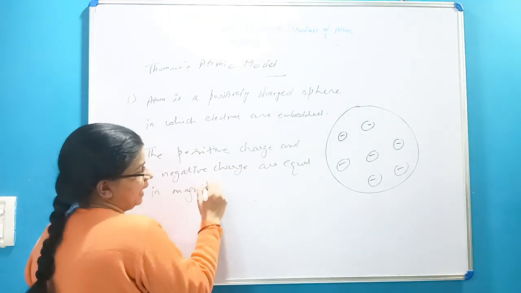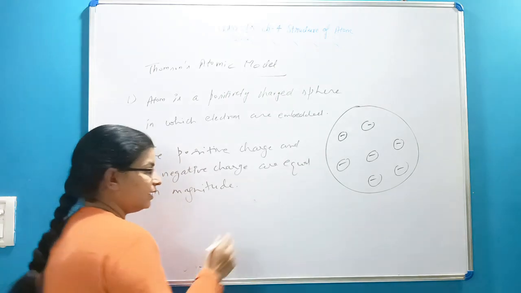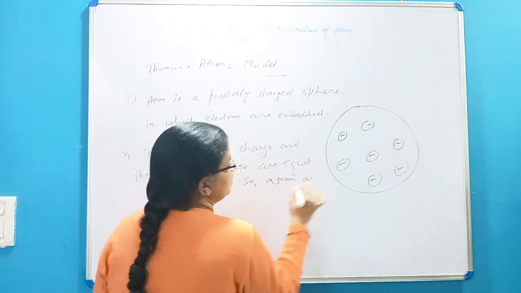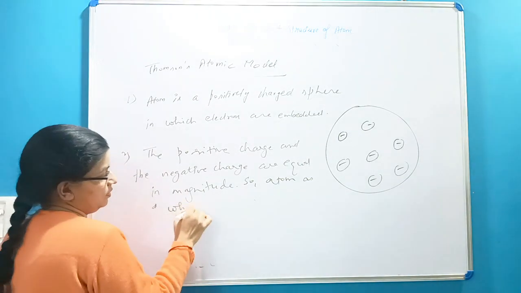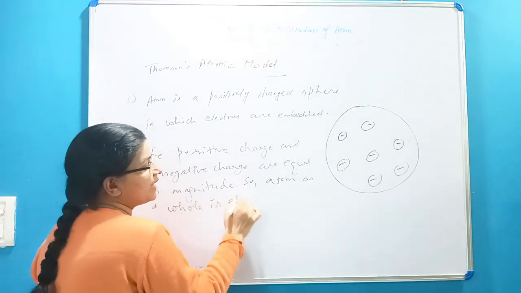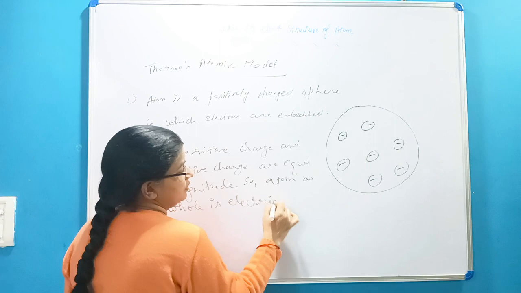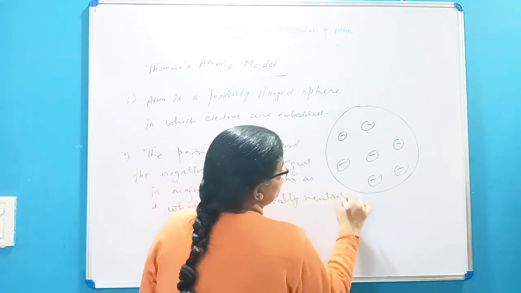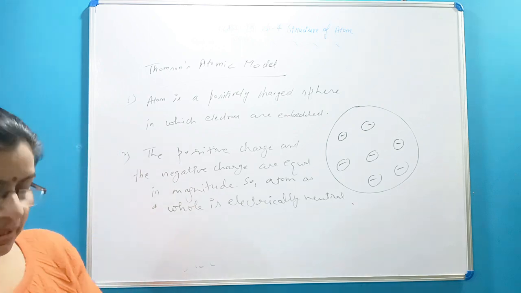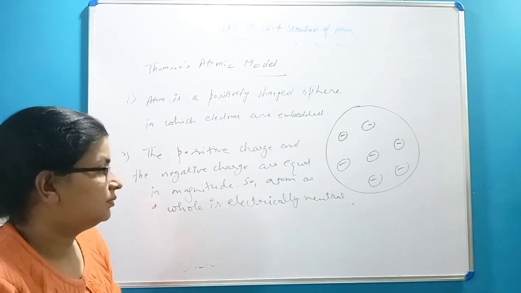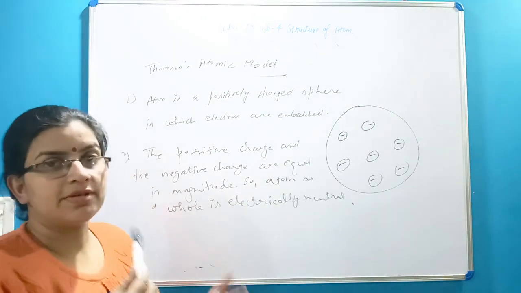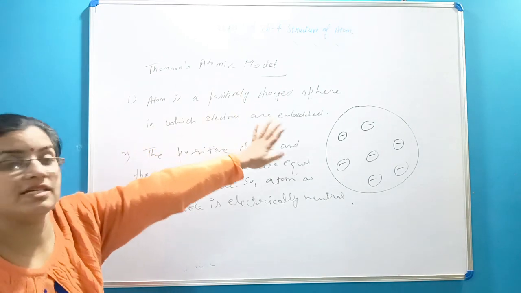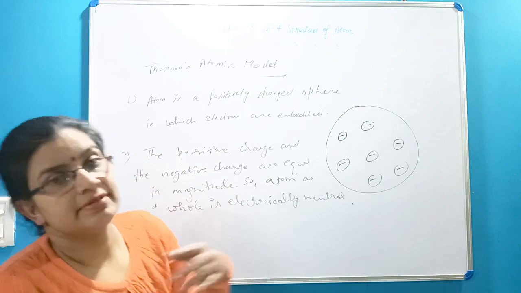As they are equal in magnitude, the atom as a whole is electrically neutral. So there were 2 points of the Thomson atomic model. The first, the atom as a whole is electrically neutral because positive and negative charges are equal in magnitude. The second, the atom is a positively charged sphere in which electrons are embedded.